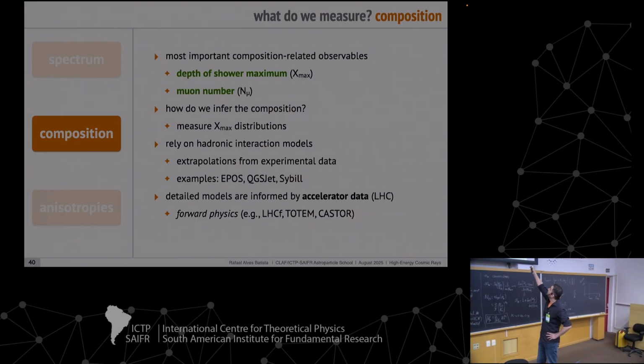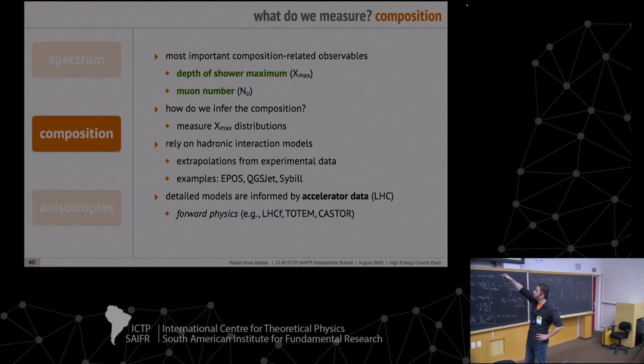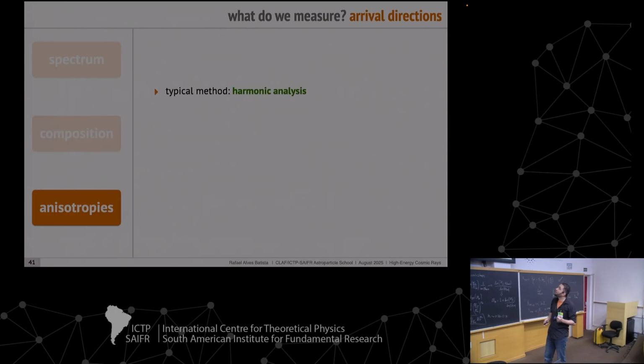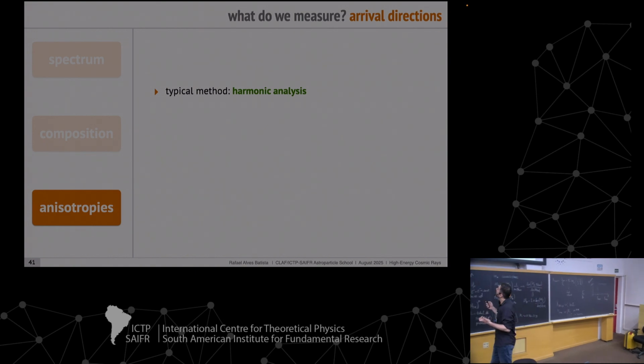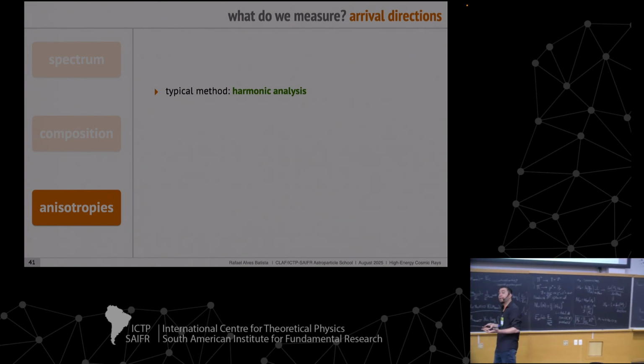But yeah, so I'm mentioning here the main observables. Spectrum, composition. So when we measure cosmic rays, we want to know how they are distributed in energy. I want to know what they are. If it's really a cosmic ray, what's the composition? And the arrival directions, the anisotropies, right? So typically, when we look at arrival directions or anisotropies, what is done is some type of harmonic analysis.